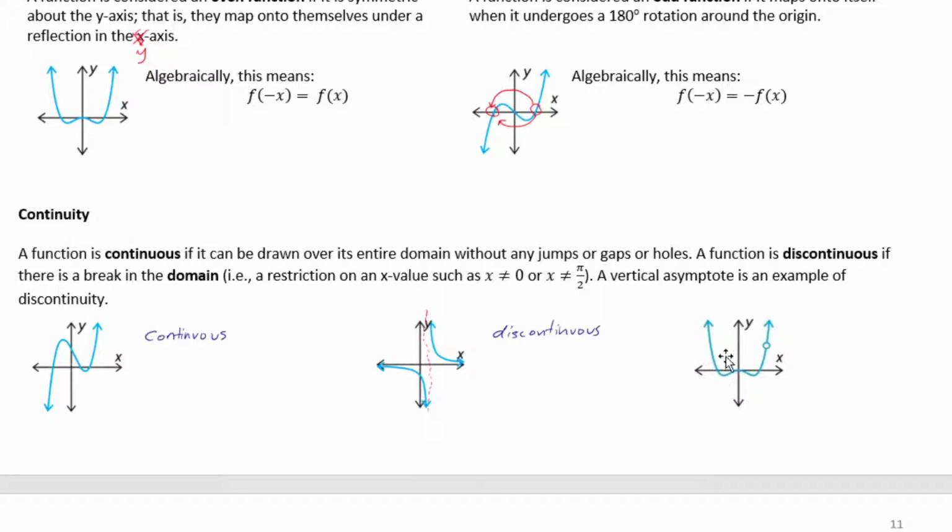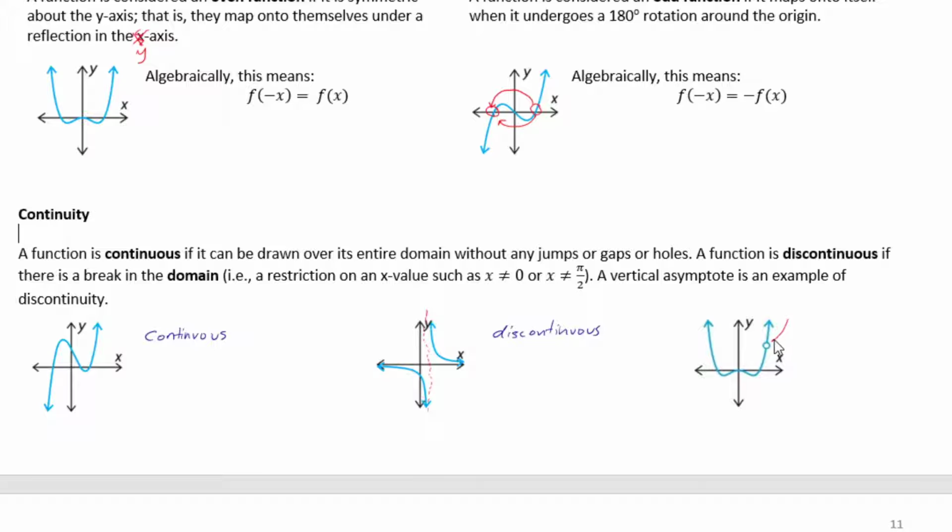Finally, looking at this function right here, it certainly is discontinuous because we have a hole in the graph, which is to say this is a value that x cannot be. Okay, so a restriction on an x value, and that produces a hole in the graph. So I'm just going to label that for you right there.